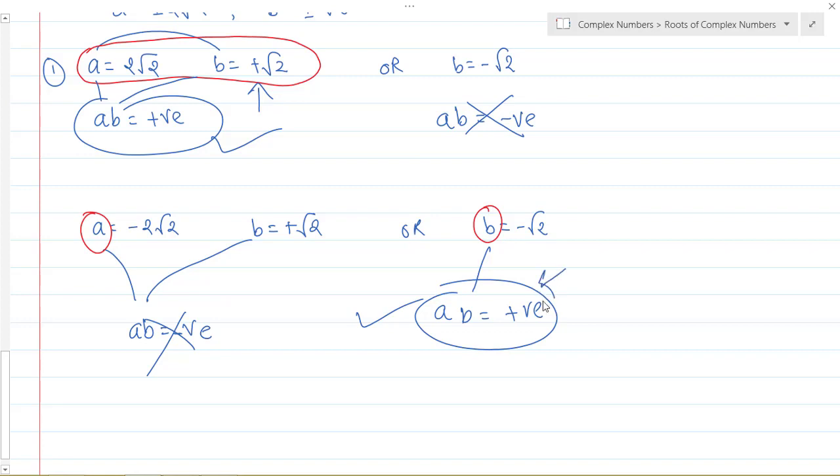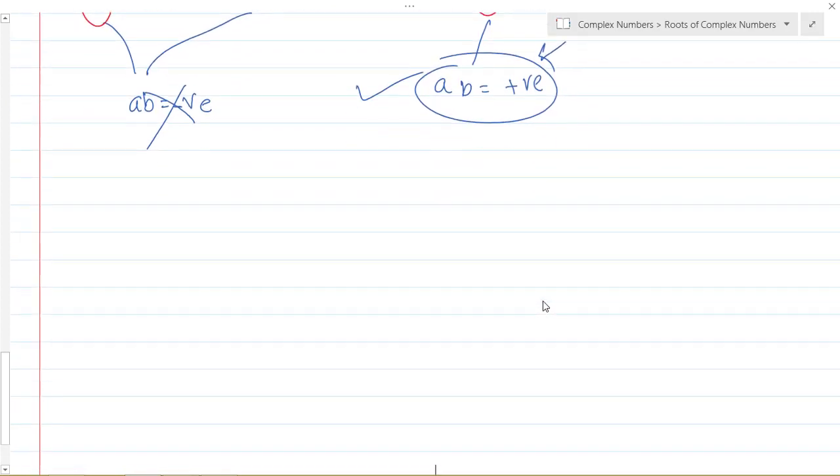Okay, so what is your correct answer then? So a is equal to plus 2 root 2, if you take 2 root 2 positive, then your b should be root 2 only, which is positive only. If you take a equal to minus 2 root 2, your b should be negative again. Okay, so this is what the value of a and b is.